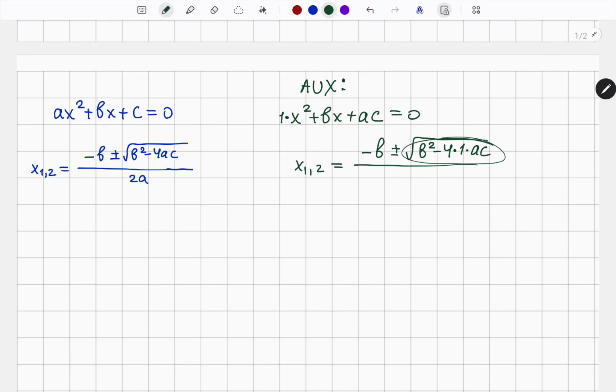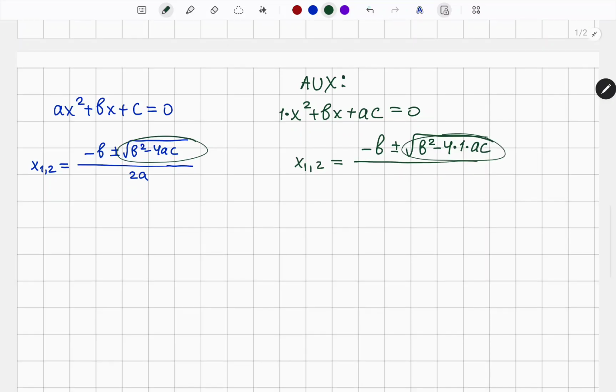Look, the discriminant is absolutely the same, despite the fact we moved the leading coefficient and multiplied it to the free term. The discriminant remained the same. And we divide by 2a, right? 2, but a now is 1. Yep, the leading coefficient is 1. So these are the roots of the auxiliary quadratic equation.